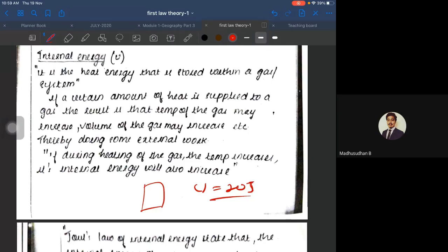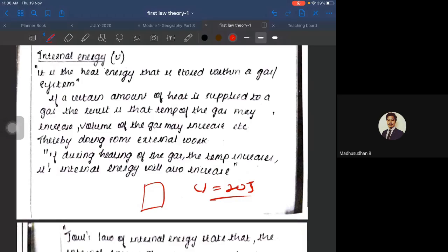If I change the volume, mass, density, or chemical composition, the internal energy will not change. But if I change the temperature, that means if I heat or lose heat from the system, your internal energy will change. This is a very beautiful point about the internal energy.